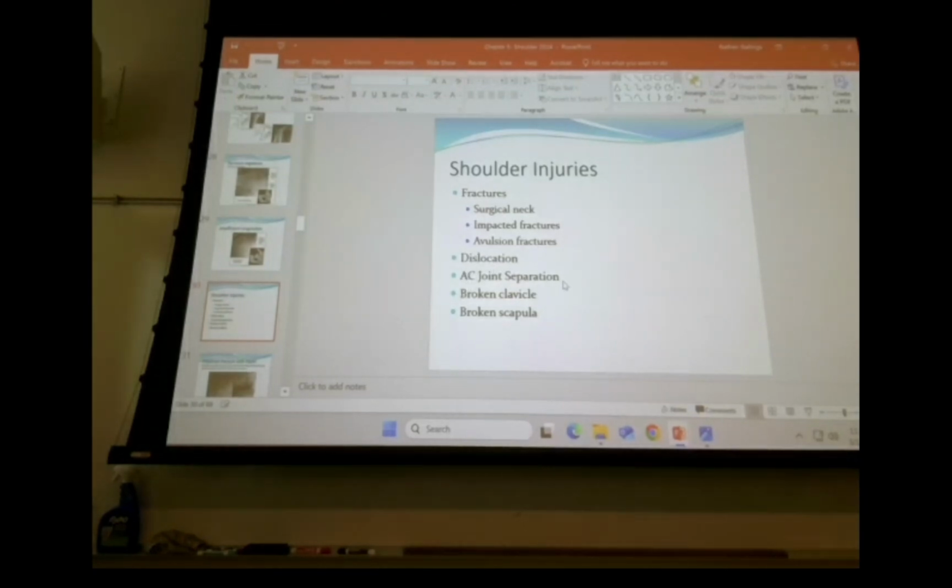So AC joint separation and dislocation are not the same thing. If you're a sports fan and your favorite football player gets a separated shoulder, that's something totally different. What that is, is AC joint separation, and we'll take a look at that here in a second. Broken clavicle, very common in kids. And then broken scapula is pretty rare, but it does happen.